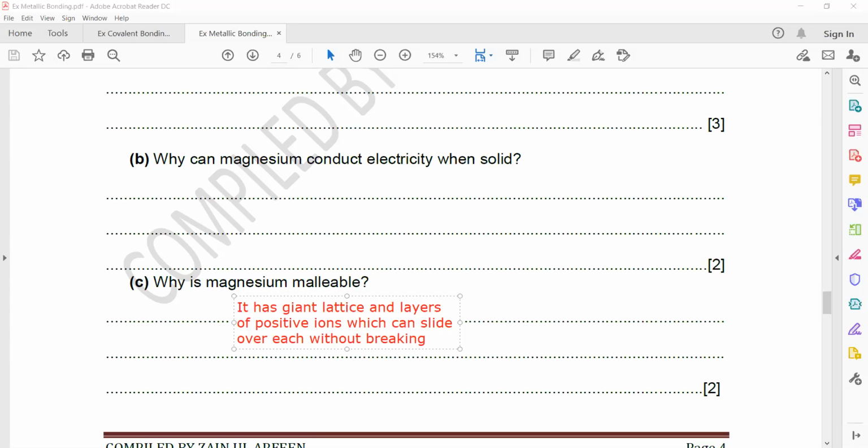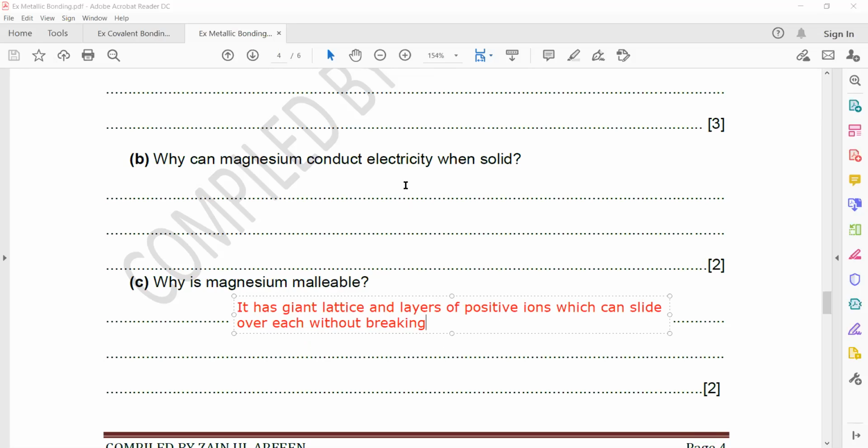So without breaking, the layers can slide past each other or slide over each other. That's why magnesium is malleable.